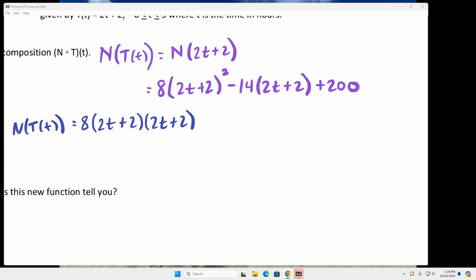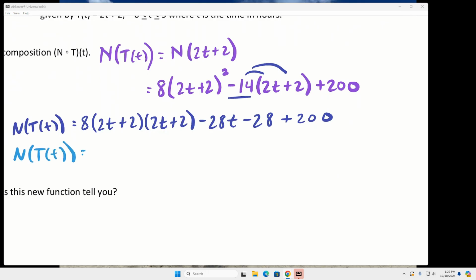I can go ahead and distribute this negative 14, because there's no power on my parentheses. And 200 can just drop down. I need to change colors. Now you have options.